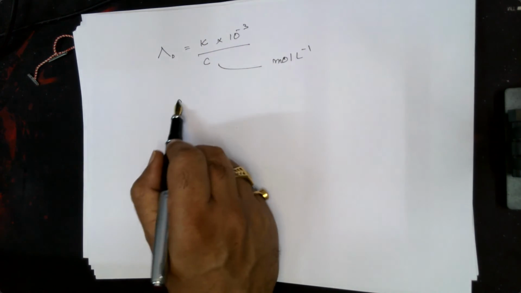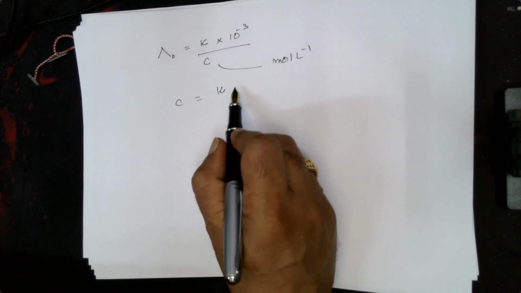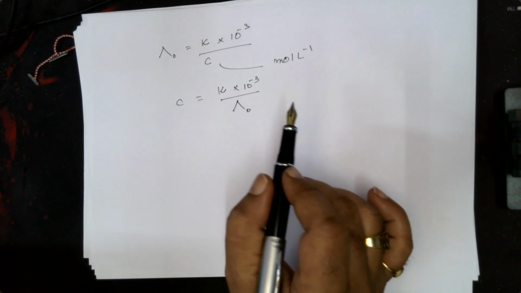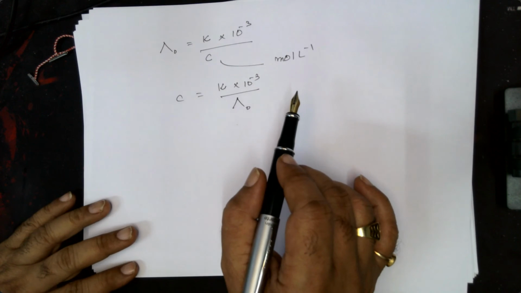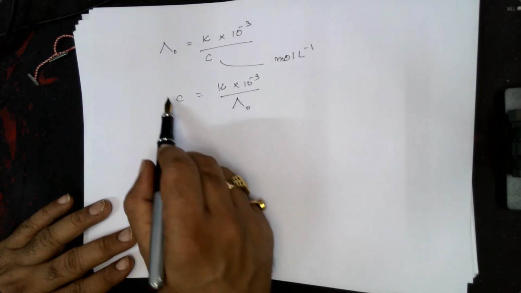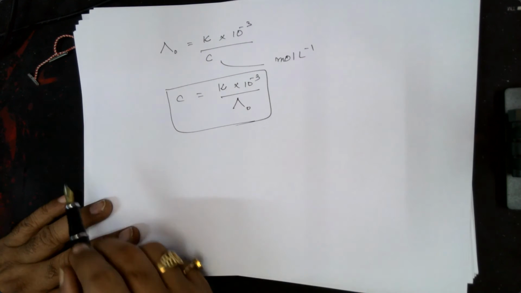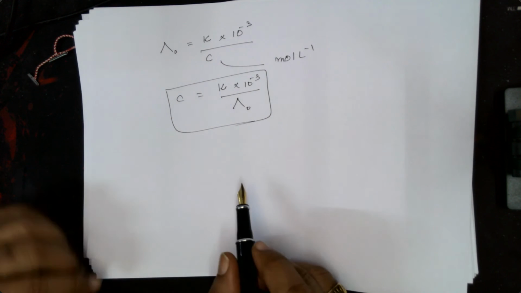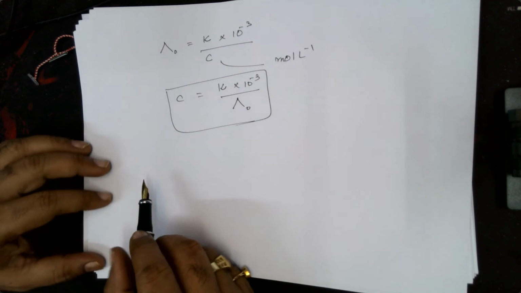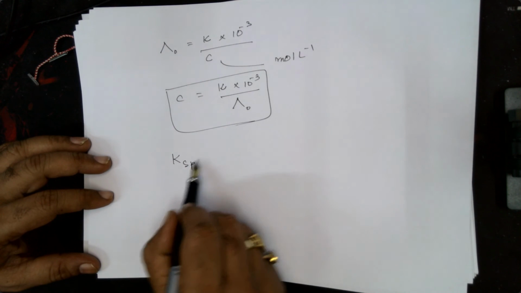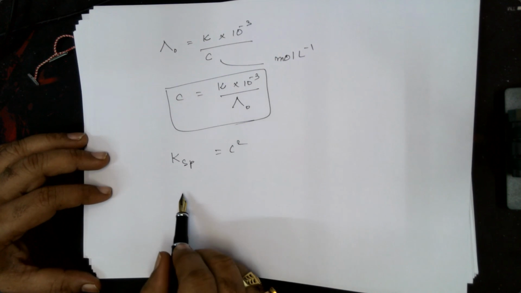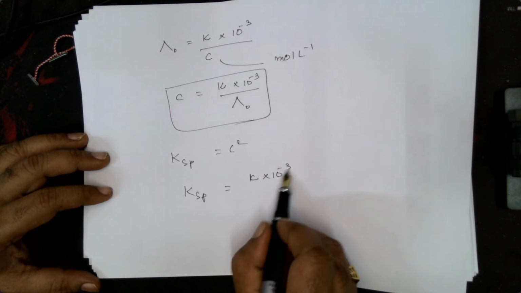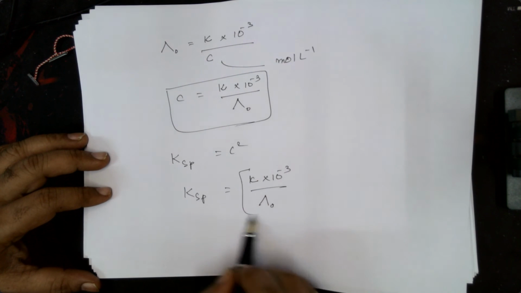So from this we can calculate C, by putting kappa into 10 power minus 3 divided by lambda naught, and these are all experimental values. Based on this you can find the concentration of a given sparingly soluble salt. And if you want to represent the KSP, we already know KSP is equal to C squared, so you can substitute here. Therefore KSP is equal to kappa into 10 power minus 3 divided by lambda naught, whole square.